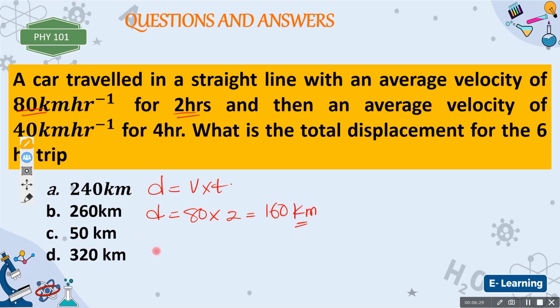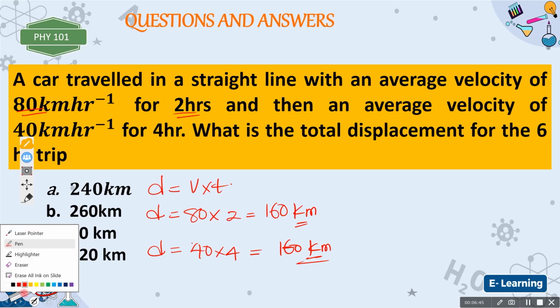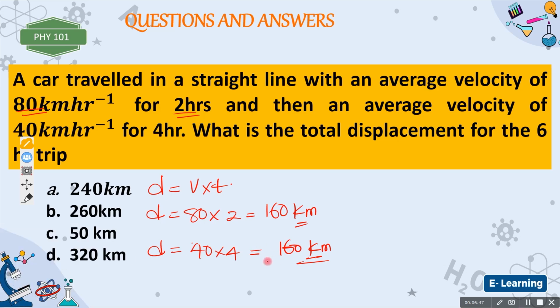Now for the other 4 hours, the total distance traveled will be 40 times 4, which will give us another 160 kilometers. So the total distance traveled by this body will be 160 plus 160, which will give us 320 kilometers. So the correct answer is 320 kilometers.